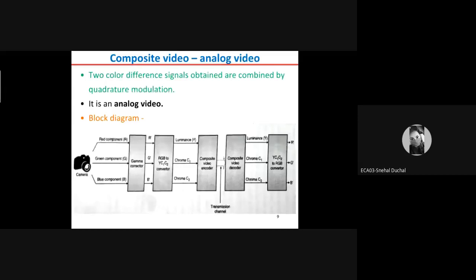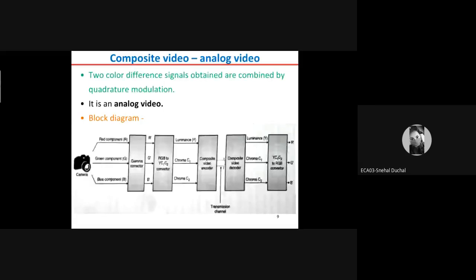Once the video is transmitted, on the other side we have to decode it. Again we have to convert the YC1 C2 image into the RGB image. It is similar to the multiplexer demultiplexer concept.